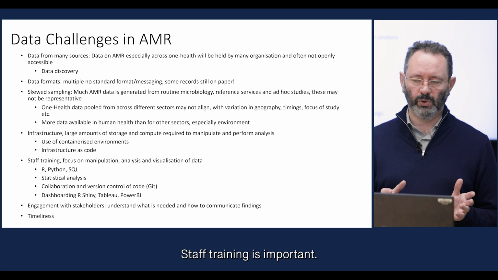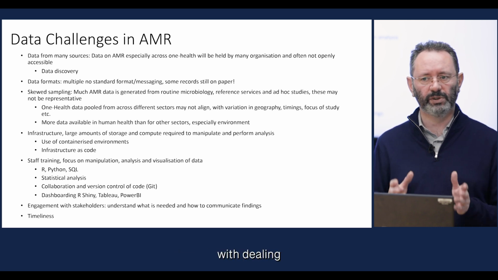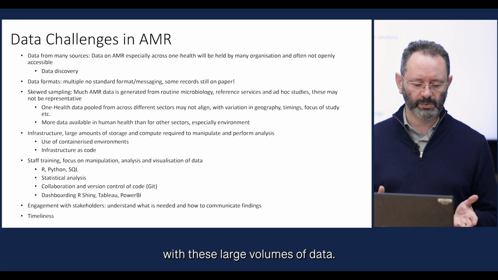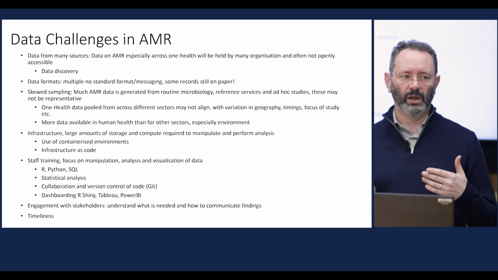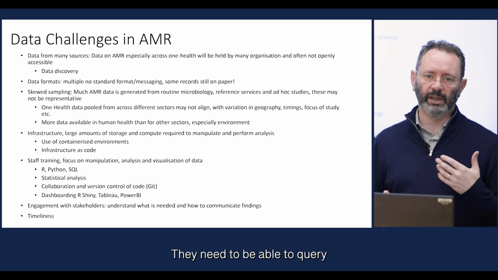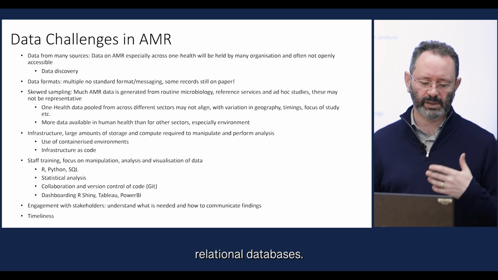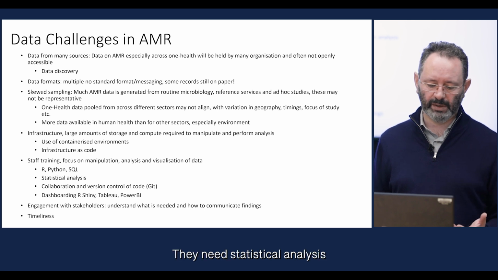Staff training is important. A lot of staff won't be familiar with dealing with these large volumes of data. They need to have access to languages like R and Python. They need to be able to query relational databases, so SQL is important. They need statistical analysis.